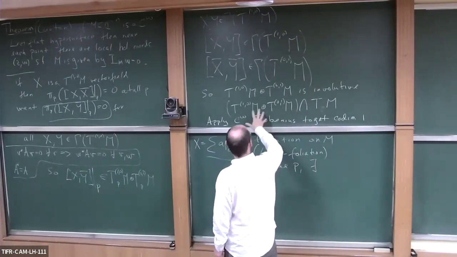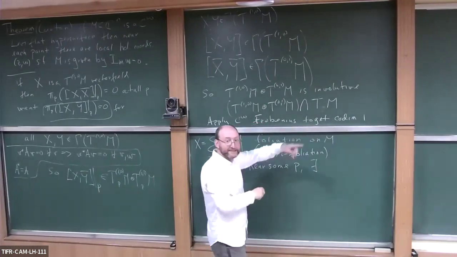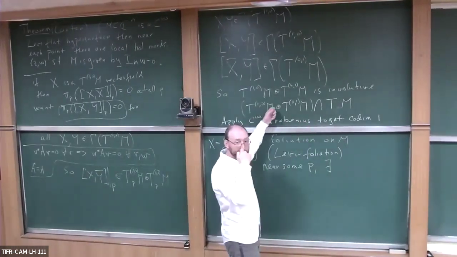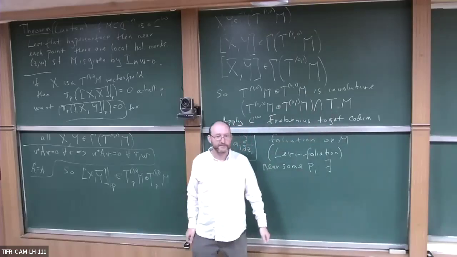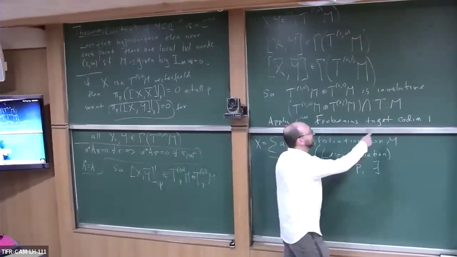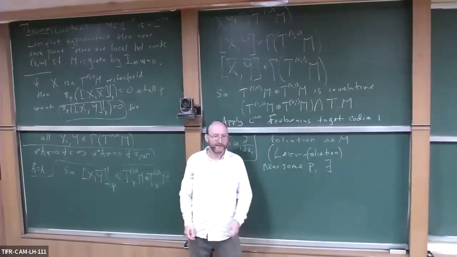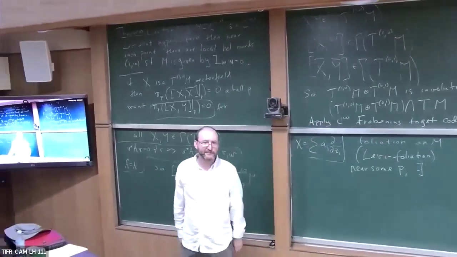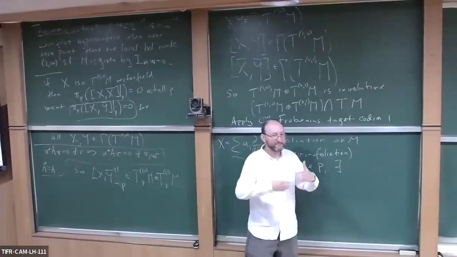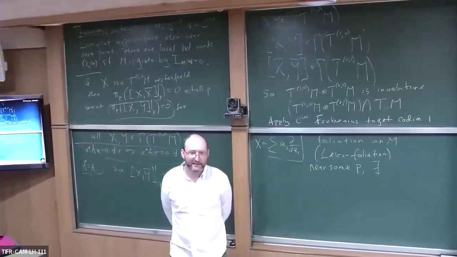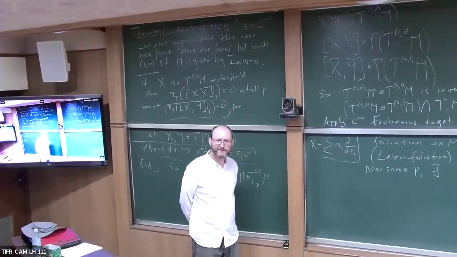If you're starting with two vector fields in here, so two vectors at some point, you take an extension that's still tangent, right? Because you have two real tangent vectors, so you can extend them as real tangent vectors, right? Does that make sense?